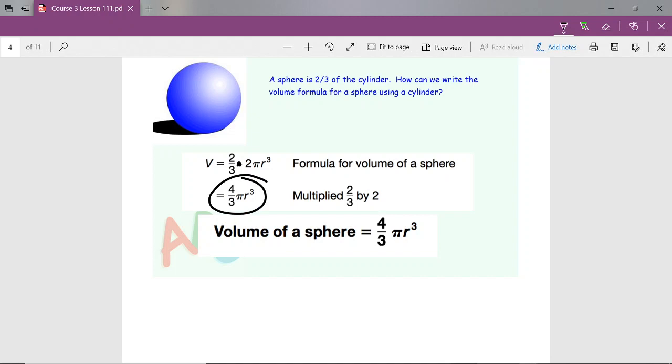And that is the volume of our sphere. That's where that formula comes from. Maybe you've seen it before, but that's why we have it: because from the center of the sphere, every single distance to the outside edge is the exact same, we can assume this formula for the volume of a sphere. So let's practice with it.